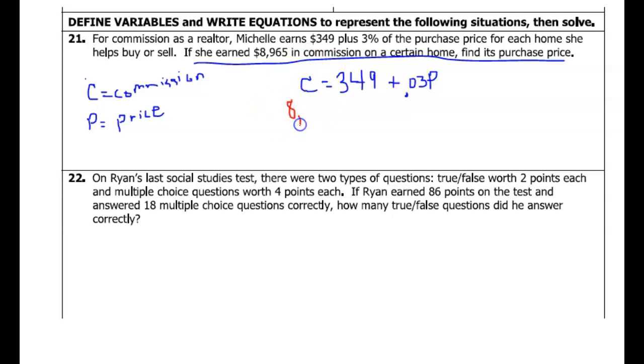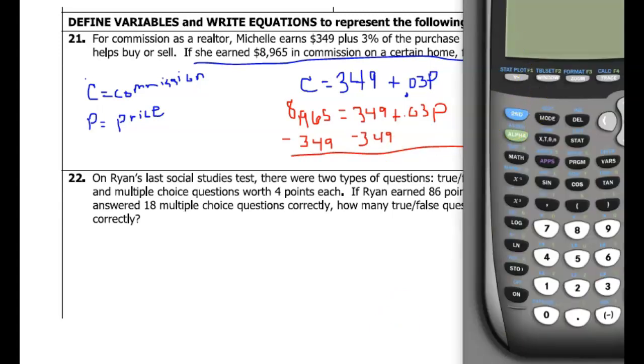So I have 8,965 as her commission, and it's equal to 349 plus 0.03 times P. So I'll subtract 349. When I subtract 349 from 8,965, let's see what we get.